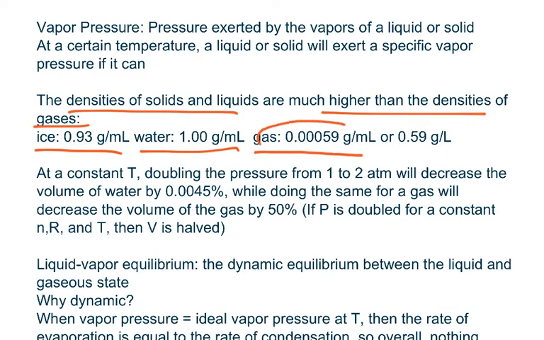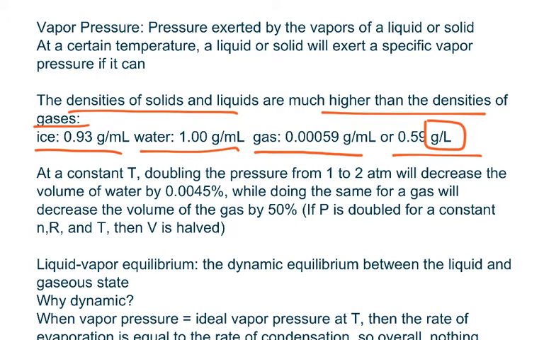Now this depends on the type of gas, but generally, the density of the gas is around that number. Or you could write the density of the gas as 0.59 grams per liter, since the density per milliliter is so small, we tend to use grams per liter instead.